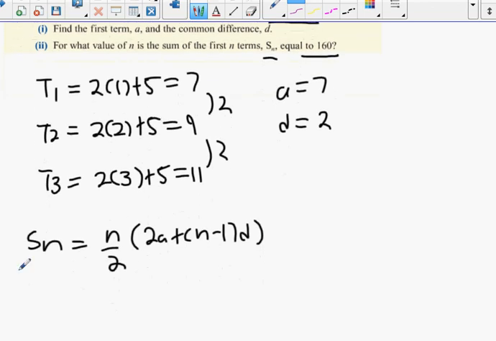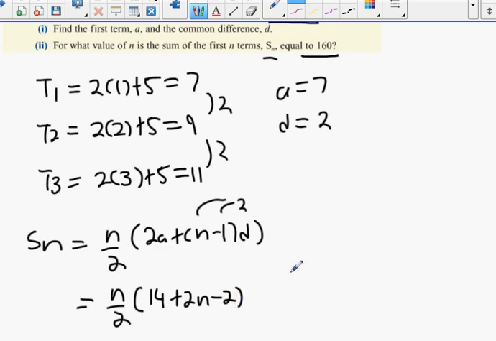Listen, guys, your a and d values. N over 2. What's 2 times a? 2 times a? 14. D is 2. N minus 1 times d? 2n minus 2. Pay close attention to this one. This is the first time we've done one like this, okay?